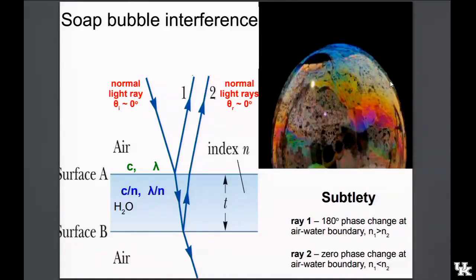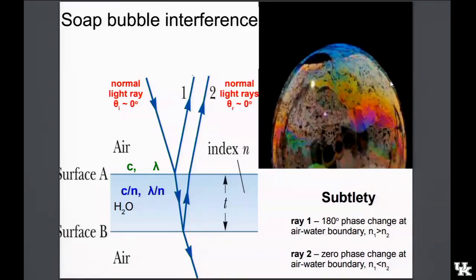So when we're seeing the rainbow colors in the soap bubble, what you're actually seeing is light that's reflected off the soap bubble, and it's actually reflected off two surfaces of the soap bubble. It's reflected off the outer surface, and it's reflected off the inner surface of the soap bubble. So the soap bubble is a very, very, very thin film of soapy water.